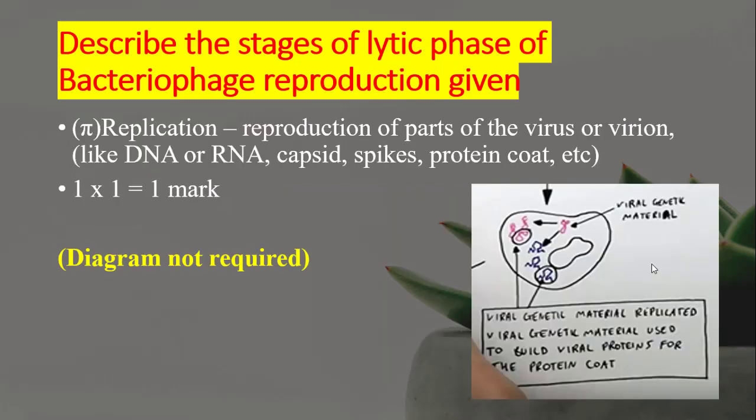Replication. Replication is the reproduction of the parts of the virus or the virion. It involves the original nucleic acid, especially in the case of retroviruses, where they have RNA. They convert their RNA to DNA and use it to make their protein parts, which are the parts of their bodies, like the spikes, the capsid, the protein coats, and so on.